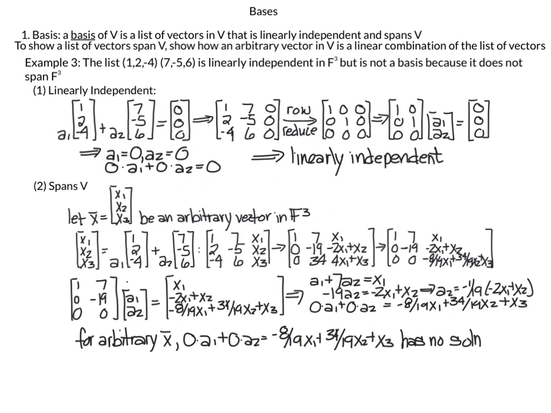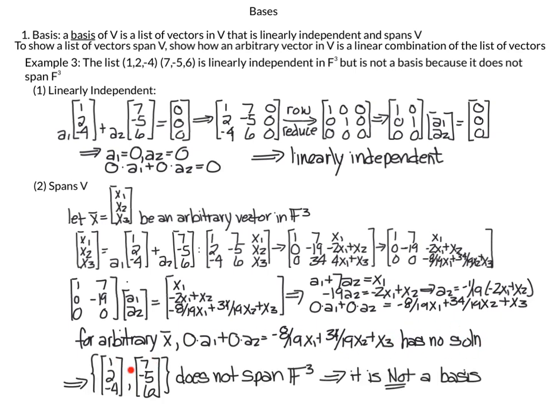So we cannot depend on x1, x2, and x3 all equaling 0. So if x1, say, for example, equaled 1, this would be an impossible equation to solve. So for a general x1, x2, x3, this equation has no solution, which means these two vectors do not span F3, and therefore it is not a basis.